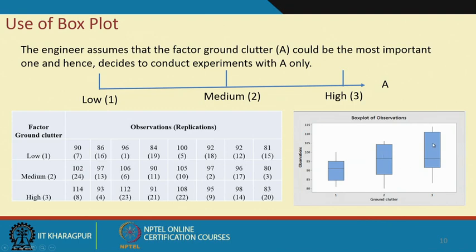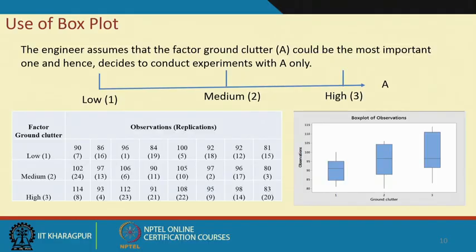So, that means if the ground clutter level is high, not only is the mean response time high, in addition the variability is also high. Suppose you are using the radar scope to detect the target: if I go and use the radar scope, I will take maybe a time much different than both of us when the ground clutter level is at low level, that is the one level.